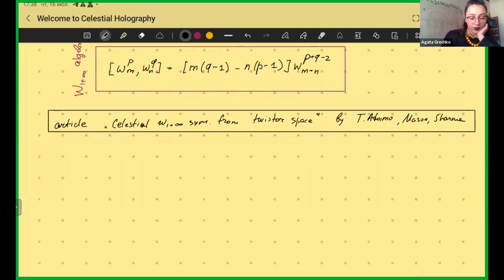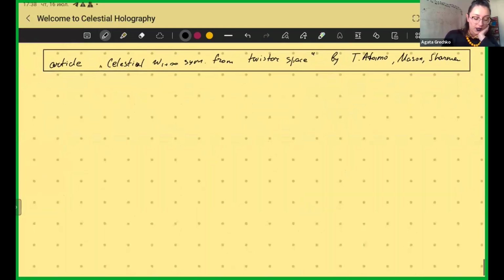So let's briefly mention what is a twistor. Actually, I will mention how the twistors are connected to Minkowski spacetime, and then the later study of twistors is up to you guys. So let's start with the connection.